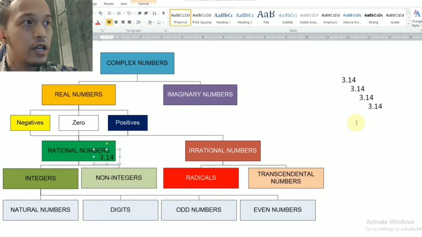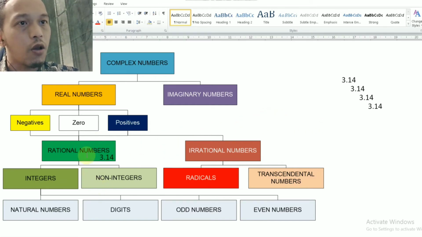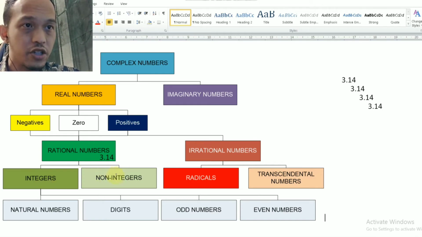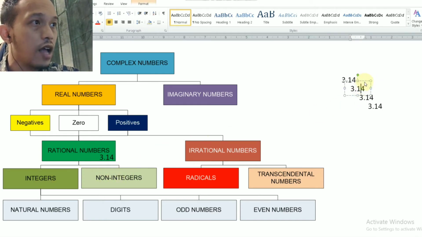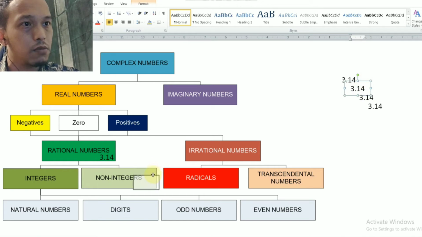Since rational numbers is not the lowest level of its branch, you need to follow the subsets to see which subset 3.14 belongs to, integers or non-integers. Since it is not an integer, it must belong to non-integers.